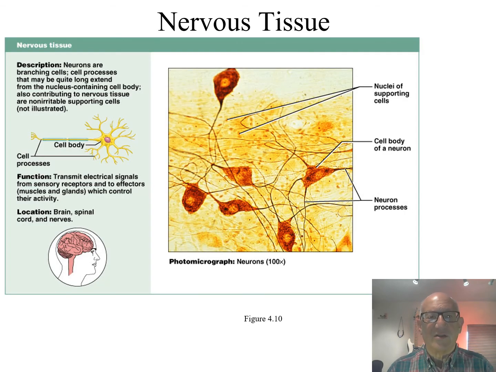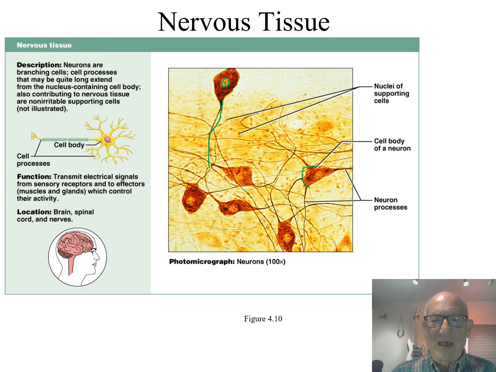The neurons are these large cells. You can see the nucleus is kind of a pale-looking space with a sort of darker nucleolus in it. And each one of these neuron cells has appendages that come off of it, or fibers. And those are nerve fibers, or neuron processes.